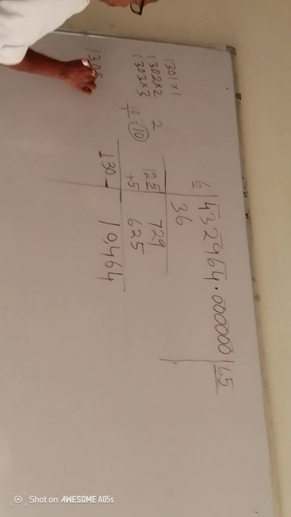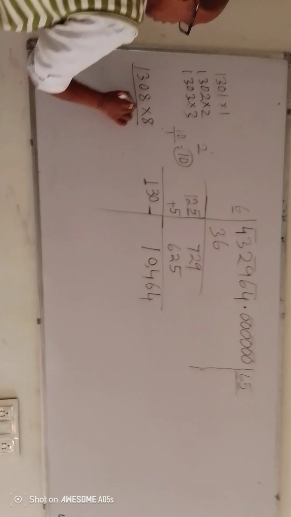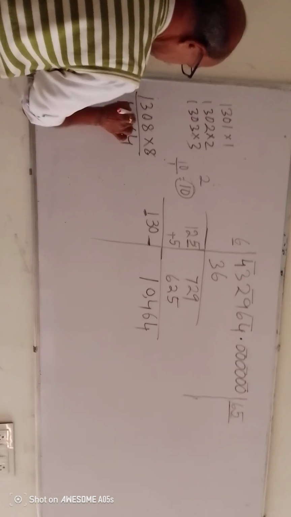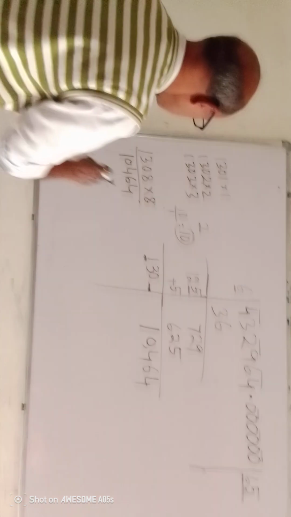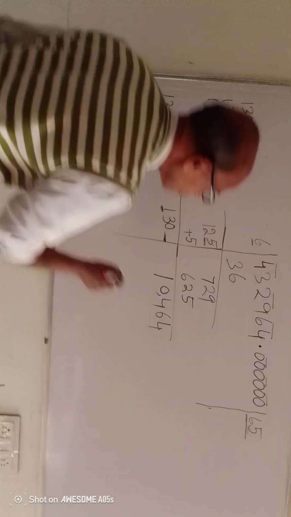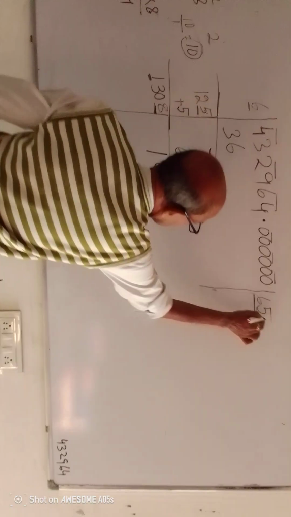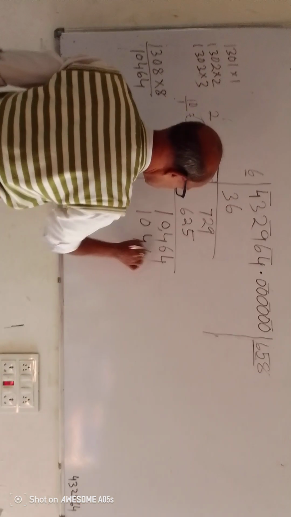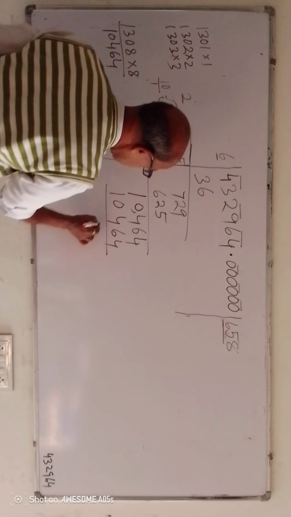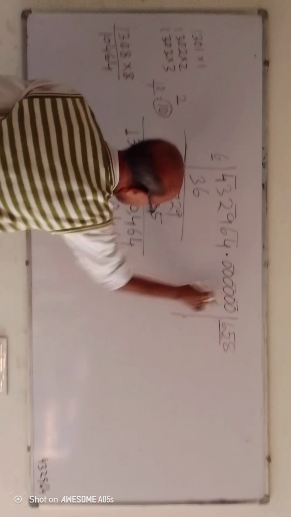It is better to try from 8. 8 into 8 is 64. Now here I have to put 8. So 10464. Now the remainder is coming 0. So there is no need to bring down this 00.